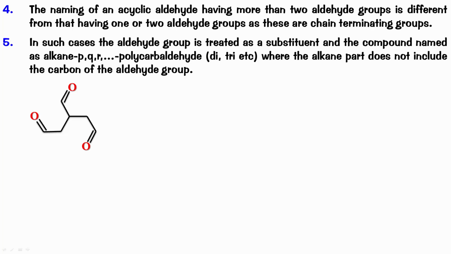Pause, and after pausing, please remember, try to find a chain of carbon atoms on which the CHOs are directly attached. Look at this chain. Carbon, carbon, carbon. This is CHO, this is CHO, this is CHO. So basically there are 3 carbon atoms. In each of the 3 carbon atoms, I have a CHO attached.